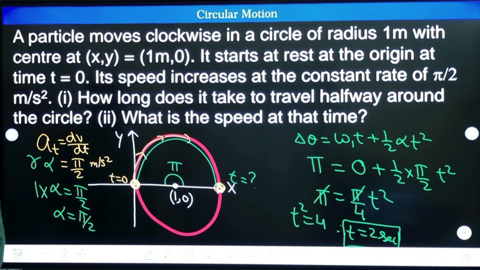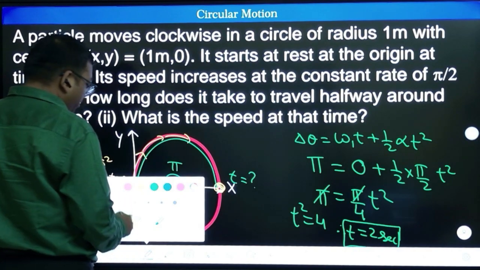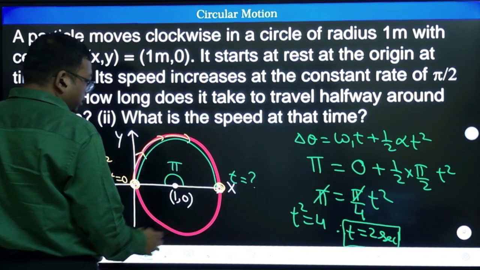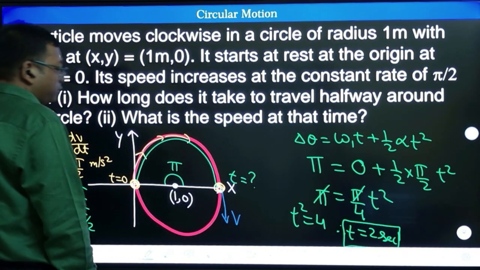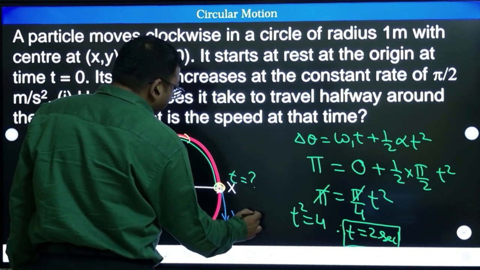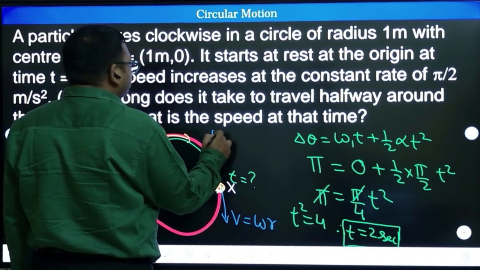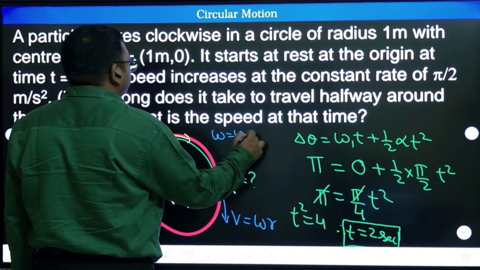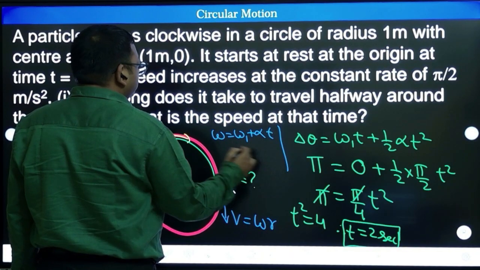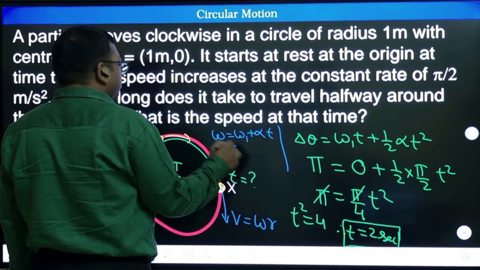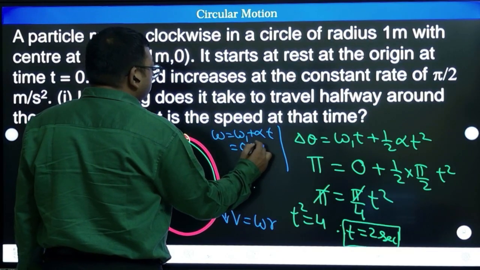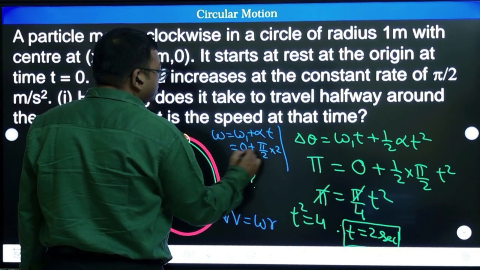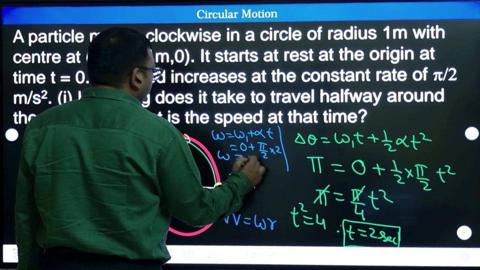Then what is the speed at that time? They are asking for the speed at this time. So V equal to omega R you can calculate. Omega is equal to omega 1 plus alpha t. Time we now know. Omega 1 is 0, alpha is pi by 2, and time is 2, so omega becomes pi.